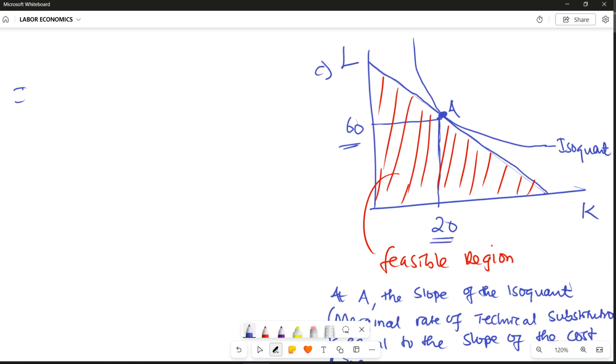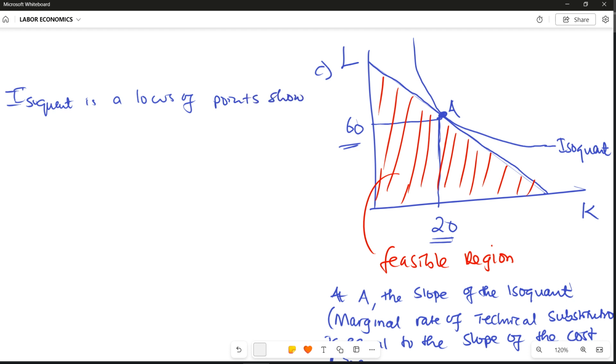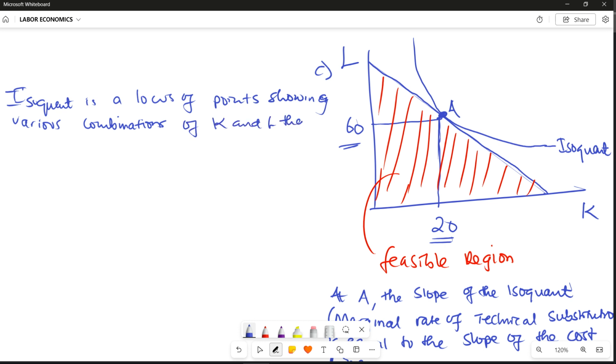An isoquant is a curve or a locus of points showing various combinations of capital and labor that can produce the same level of output.